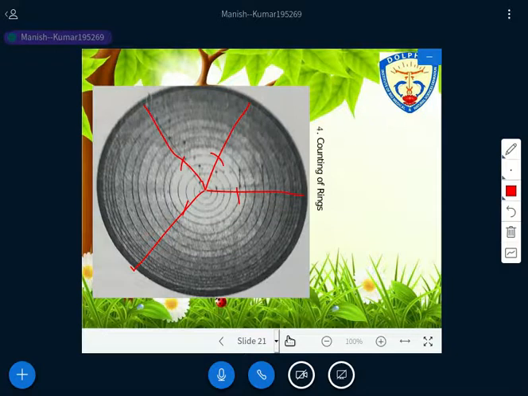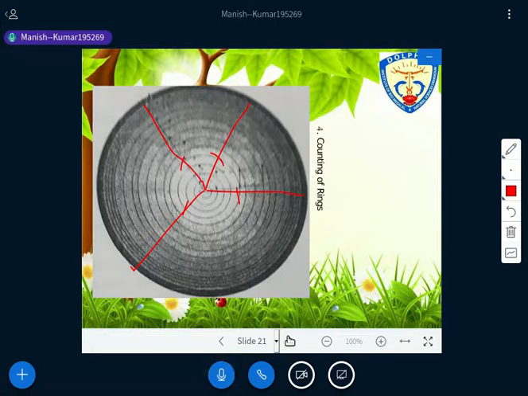Now counting of rings, that has also been explained in the stem analysis, and the same concept has to be utilized here itself. Before moving further, is there any question from the very first slide to this slide? We have discussed the definition, the purpose, the procedure, the instruments required, and all necessary forms.